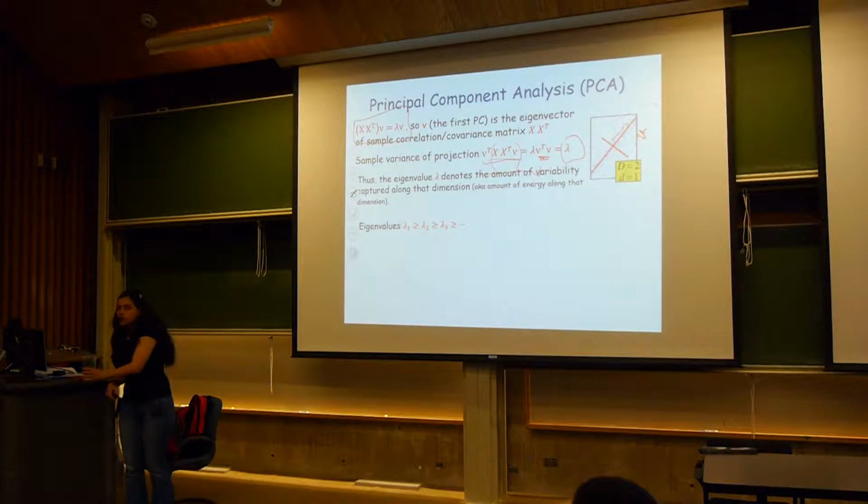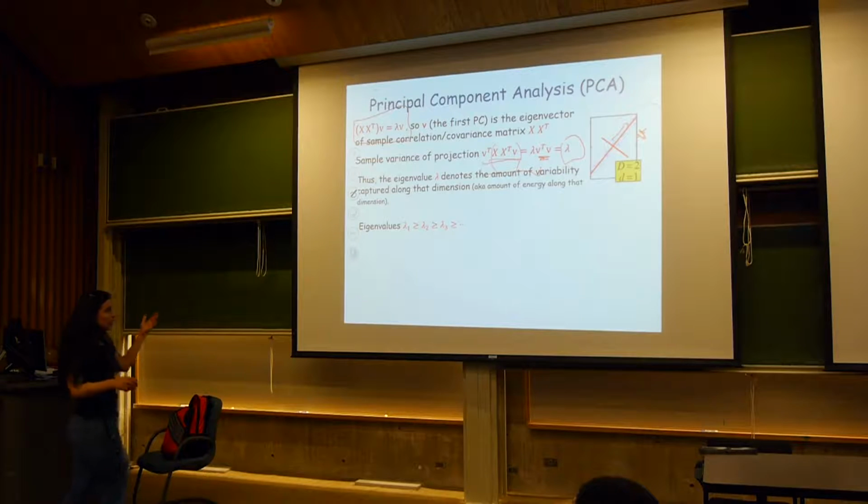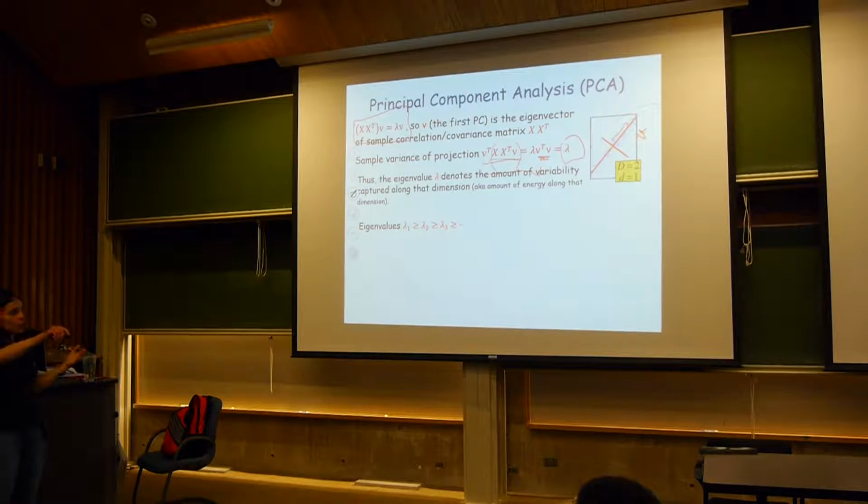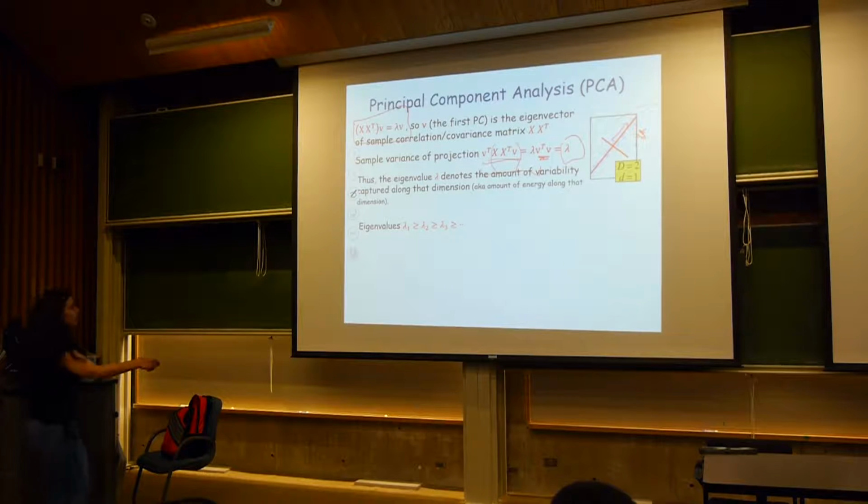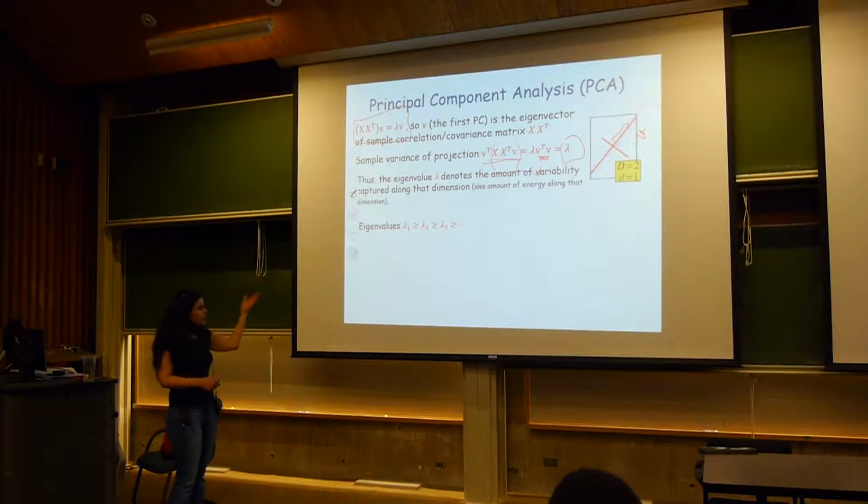More generally, we just argued that the amount of variability in the direction given by the first principal component is exactly the largest eigenvalue of the sample covariance matrix. In general, we can order the eigenvalues of the sample covariance matrix, lambda 1 the first one, lambda 2 the second one, and so on.